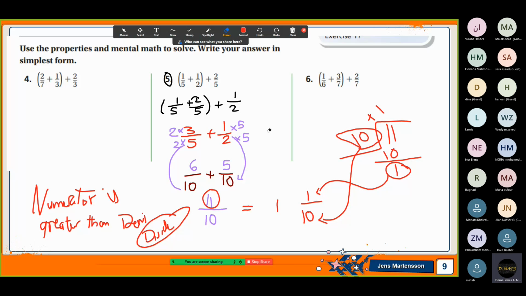What do you mean here? Ah, here, it's this one. It's 1 and 1 over 10.